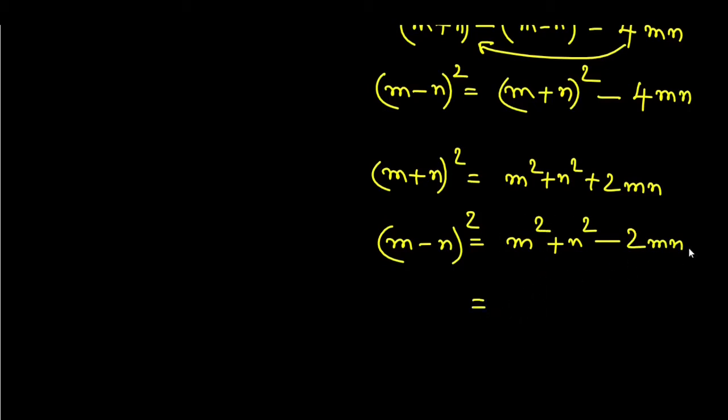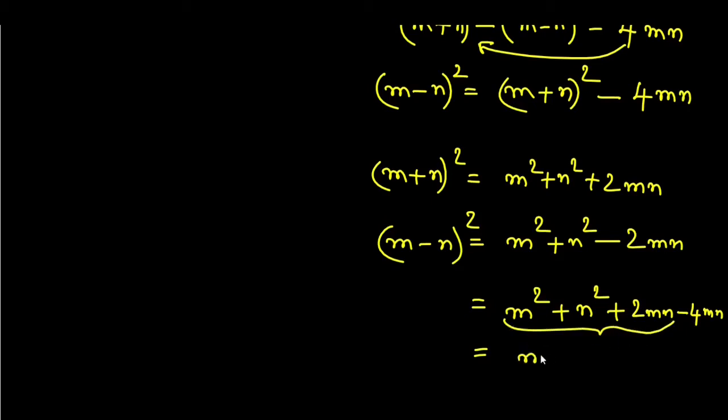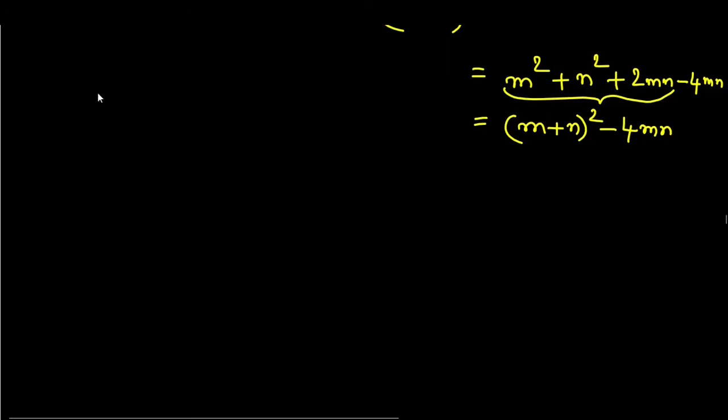Now let us write this in this form: m square plus n square plus 2mn minus 4mn. So this can be written as (m + n) whole square minus 4mn.